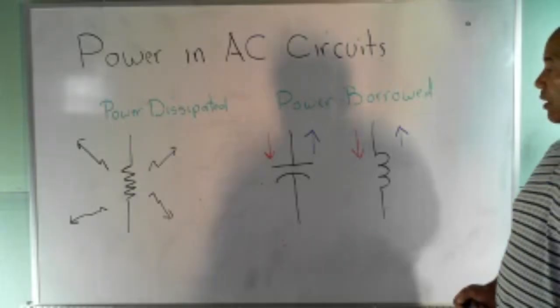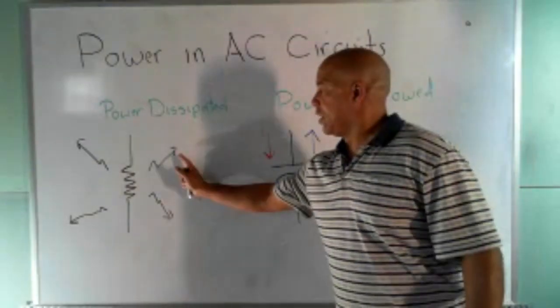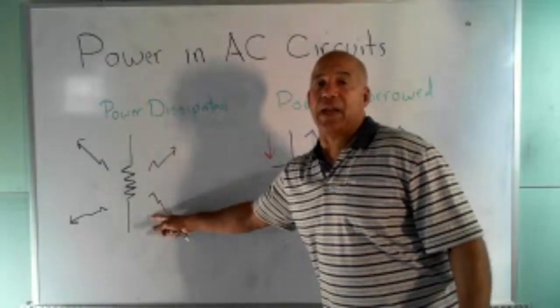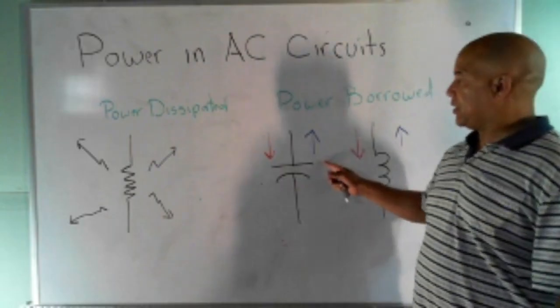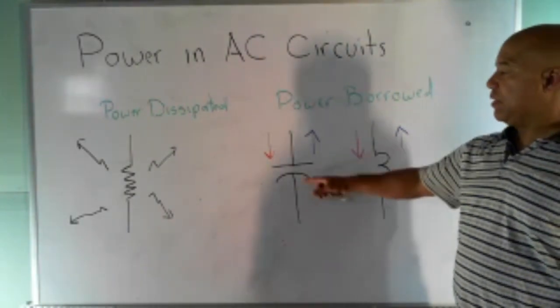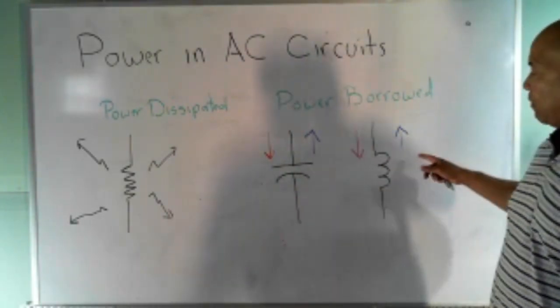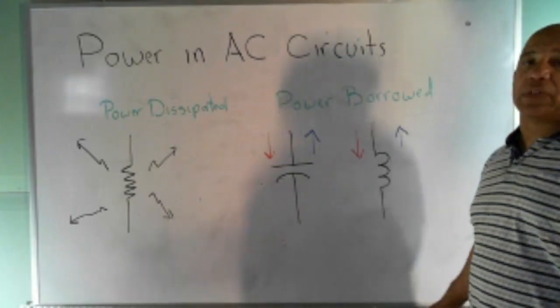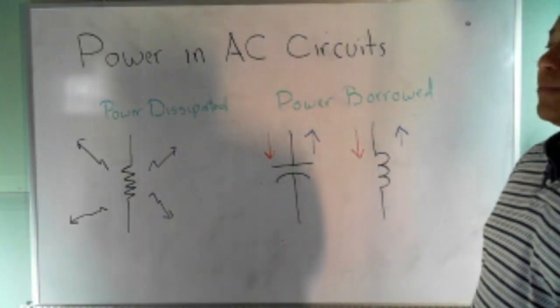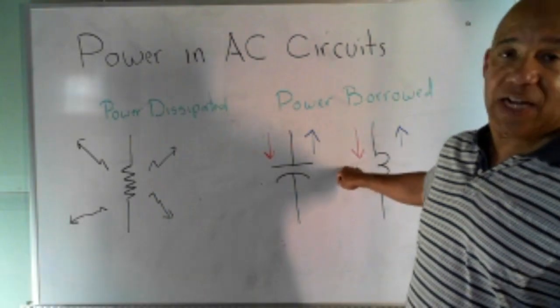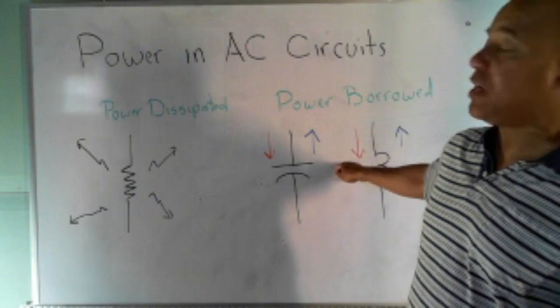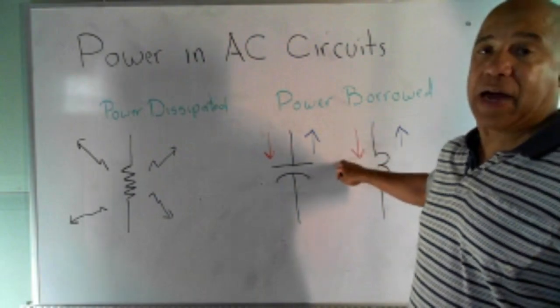Okay. So I have the resistor, which represents heat being radiated from the resistor, those arrows. This represents energy flowing in and out of the capacitor and energy flowing in and out of the inductor. And remember, we're talking here about ideal devices. An actual or practical capacitor or inductor does in fact have resistance. Therefore, it would dissipate some power, it would borrow some power.